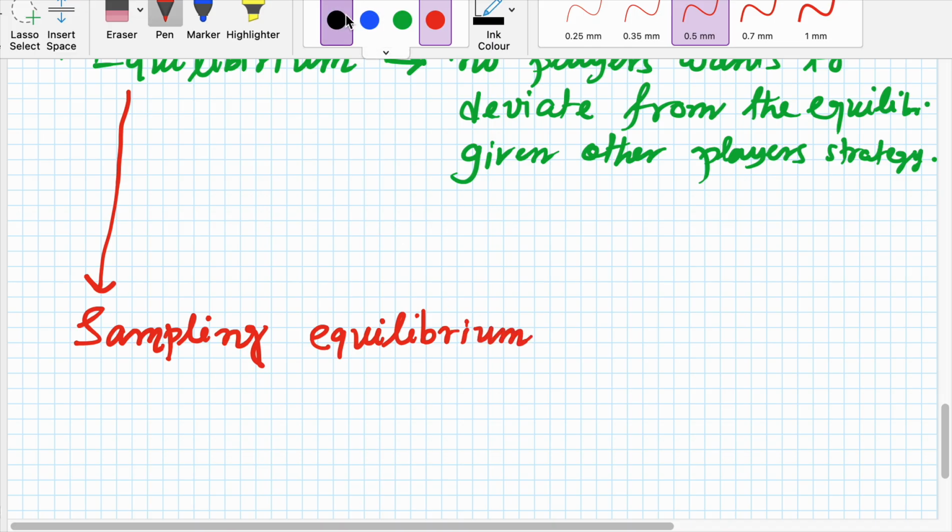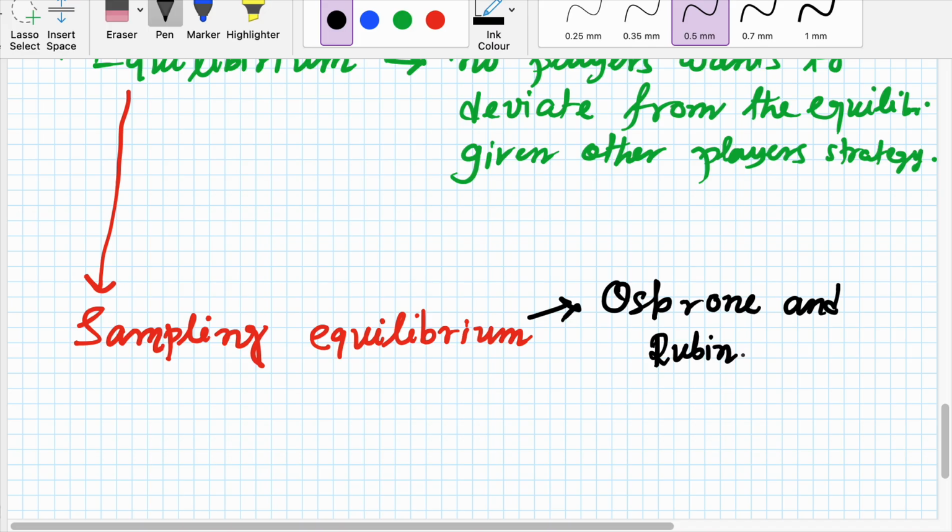And this concept was first introduced by Osborne and Rubinstein in a paper published in 1998.